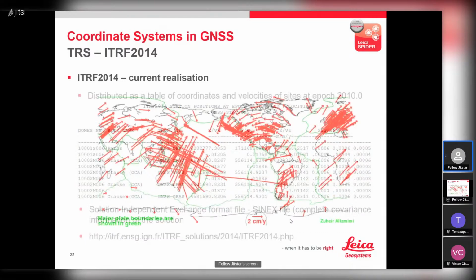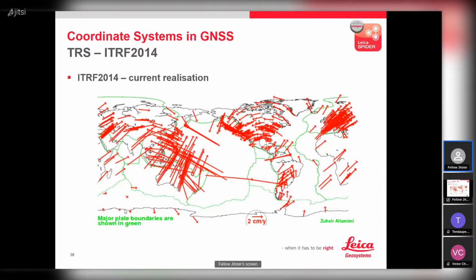Basically, these velocities you can see here. Where is Africa? Africa is here. Actually, it looks like you are now close to 3 centimeters per year, based on this, I would say. So Zimbabwe, you have an IGS station in Zimbabwe? There is something here.